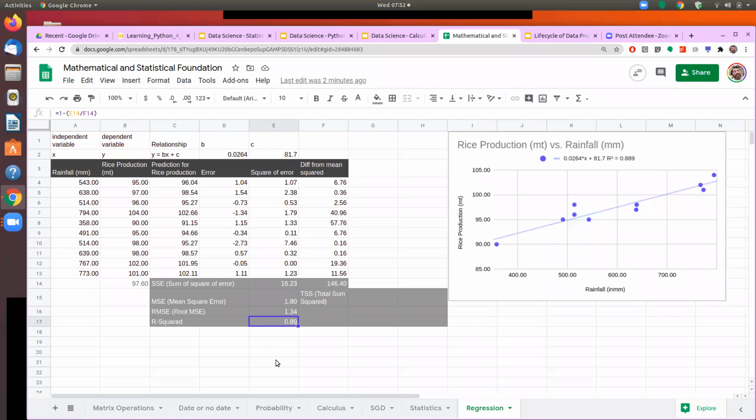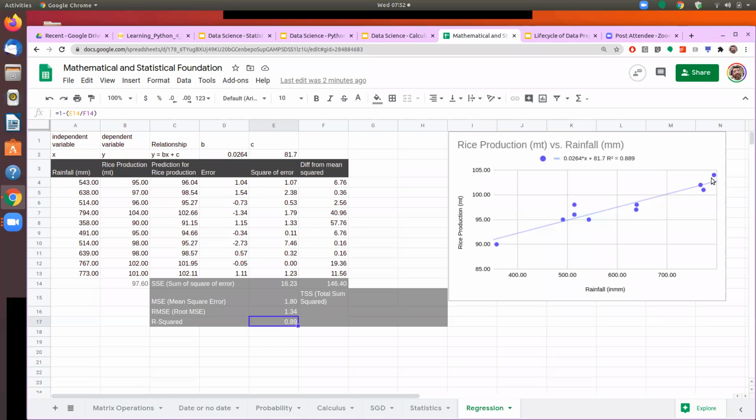So two measures that we talked about, RMSE and the R squared. Now let's try to understand again that in this case, the independent variable is the rainfall, and the dependent variable is rice production. Then we are trying to arrive at a formula or an equation which will give me the prediction of how much rice is produced.